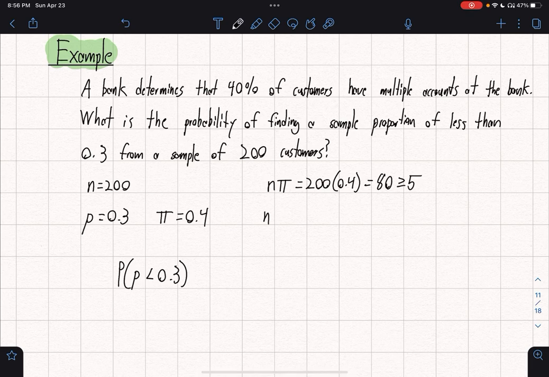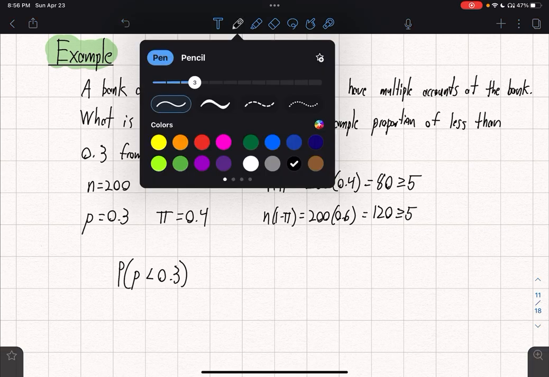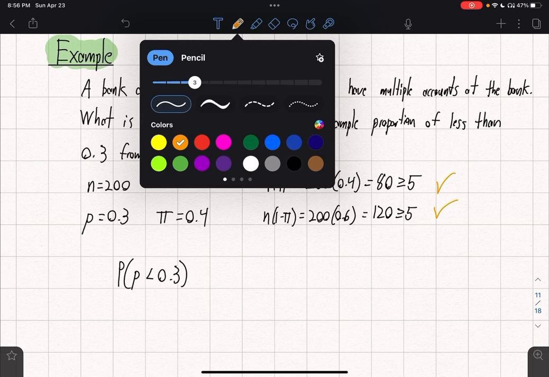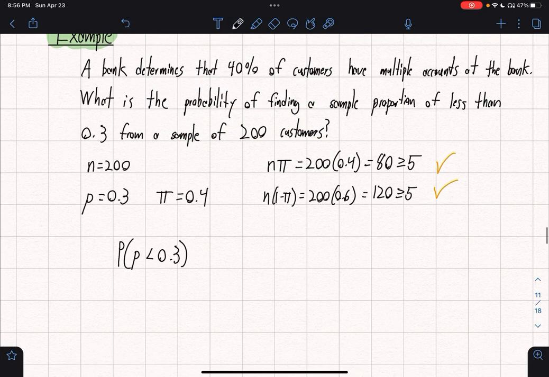And then n times 1 minus pi will be 200 times 0.6, which is equal to 120, which is also bigger than or equal to 5. So check, check, we're good to go. We've met our assumptions, so we're now ready to calculate our z-score.